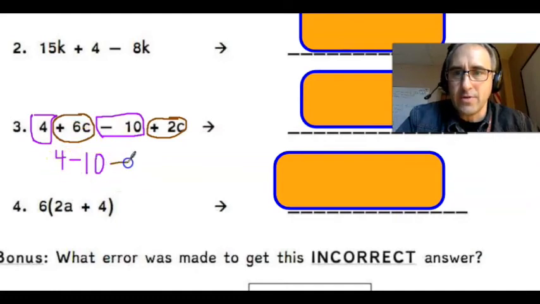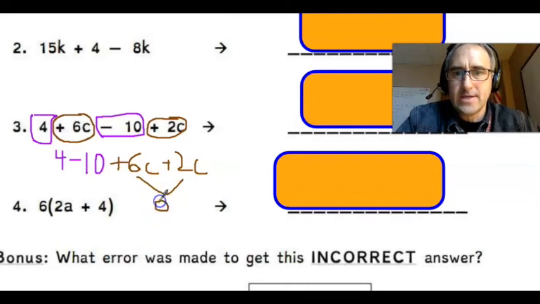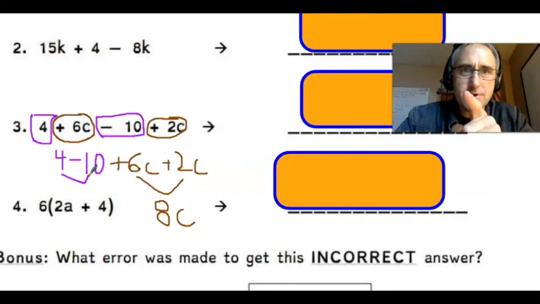And then here we're going to bring down the plus 6c, the plus 2c, and remember, c's can't go with non-c's. I'm going to put these two together. 6 and 2 make 8c. And what does 4 minus 10 make? You better use your calculator.